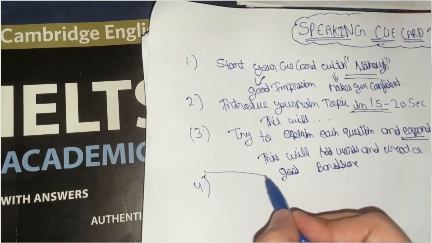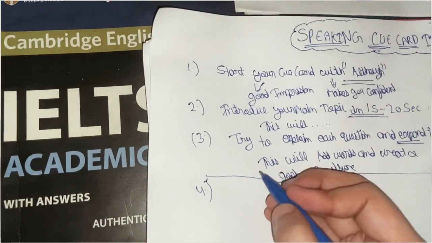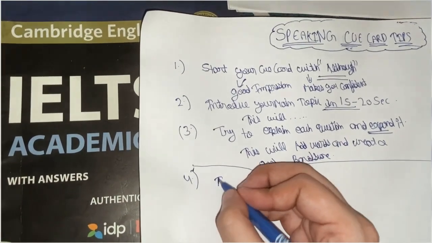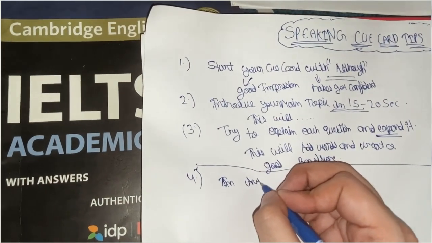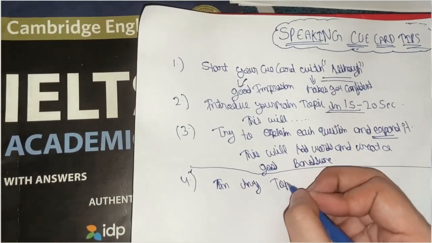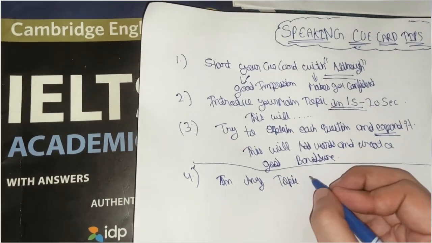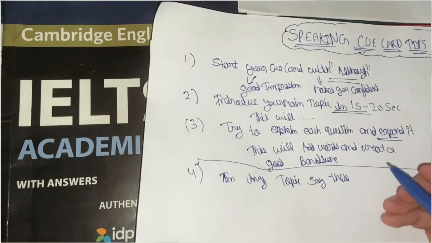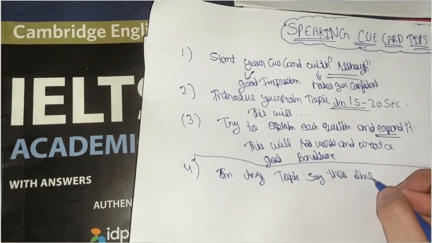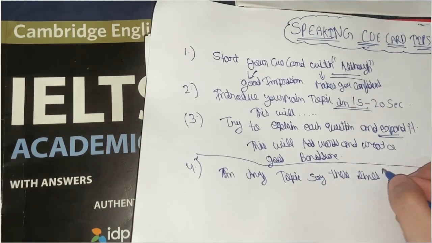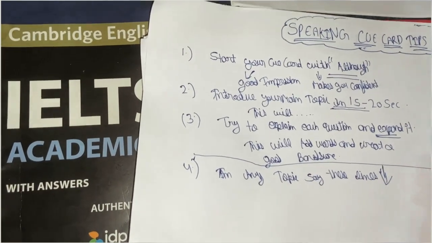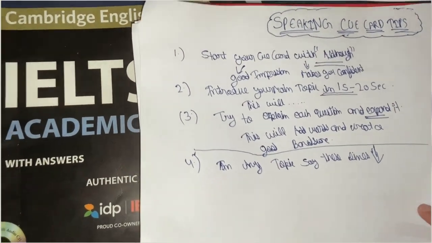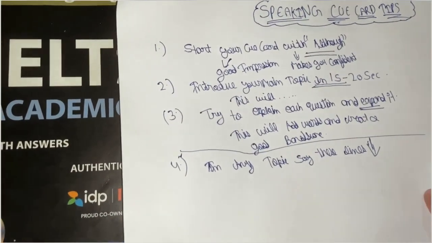And my fourth tip to you is to say these lines in any topic. I will be giving you some lines that you can say in any topic that the examiner has given you.